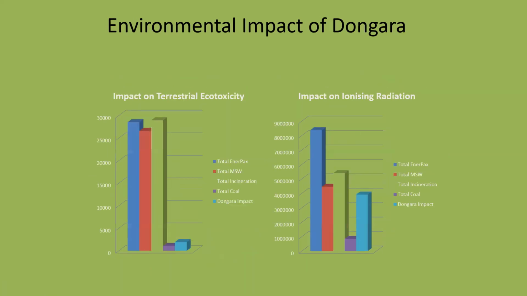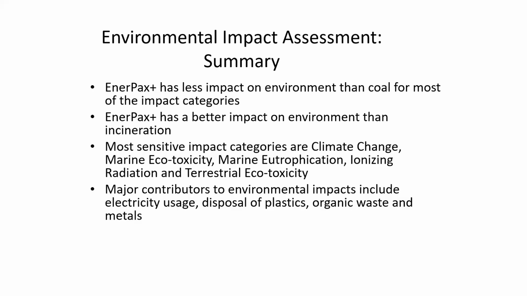Same thing with the other impact categories as well. So NNPAX has less impact on the environment than coal for most of the impact categories, and a better impact on the environment than incineration. Most sensitive impact categories are climate change, marine ecotoxicity, marine eutrophication, ionizing radiation, and terrestrial ecotoxicity.